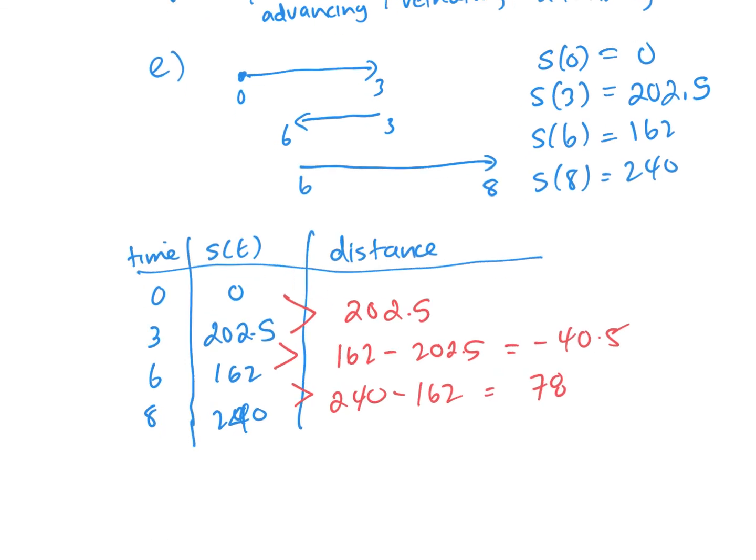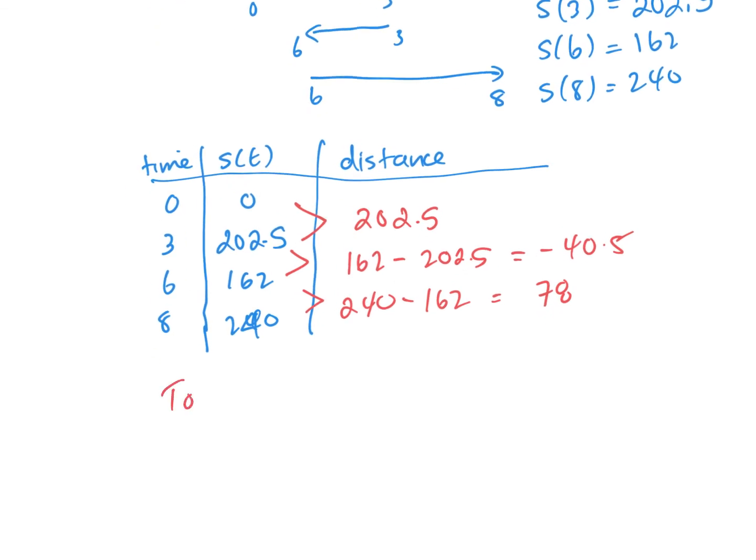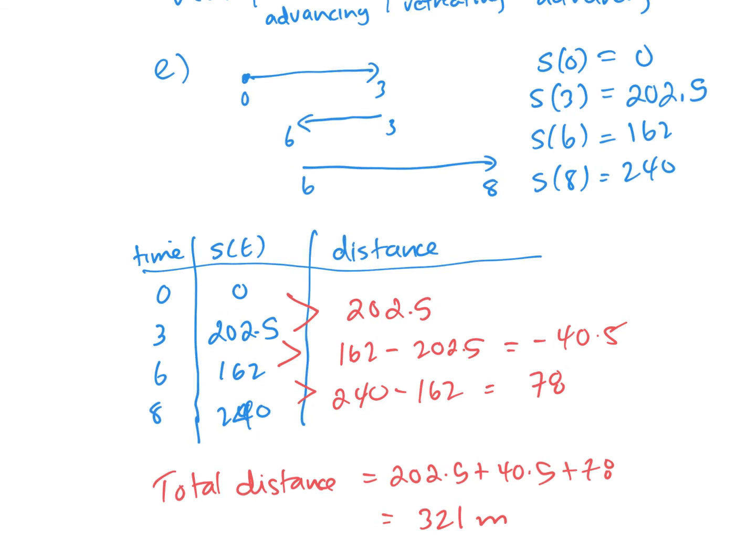You want the distance it's traveled. So the total distance traveled is 202.5 plus 40.5 plus 78. So that works out to be 321 meters. So on my diagram, it traveled 202.5 in the first bit, then it went backwards 40.5, and then it went forwards 78. And then we're just adding that up.